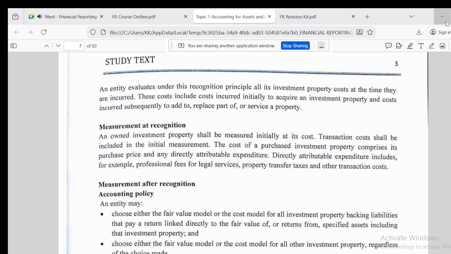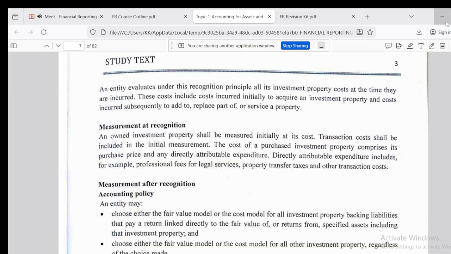For example, I have a piece of land, an investment property.